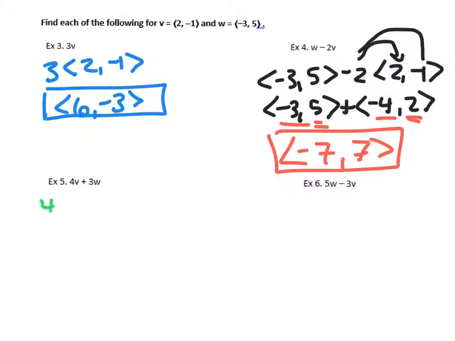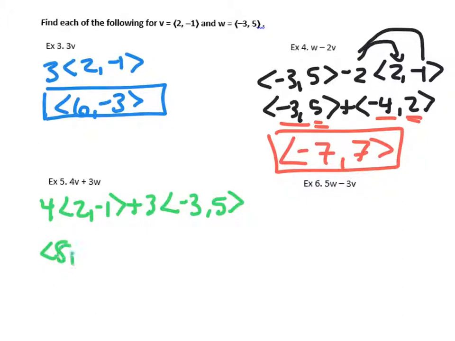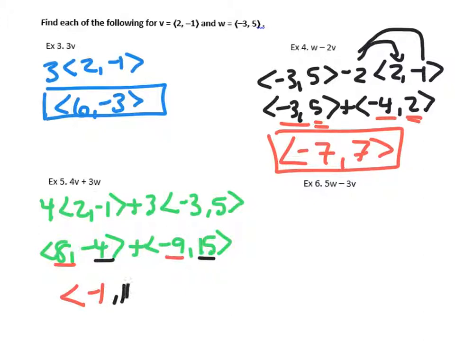5, I'm doing 4 times v plus 3 times w gives me 8, -4 plus -9, 15. And if I add together my x's, that's going to give me -1. If I add together my y's, that's going to give me 11.